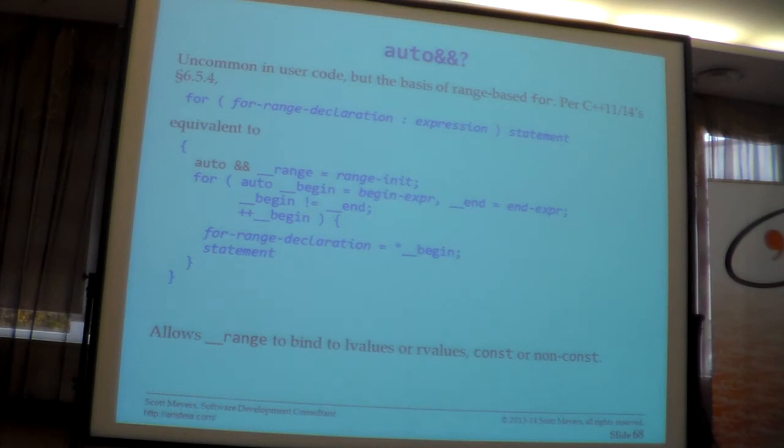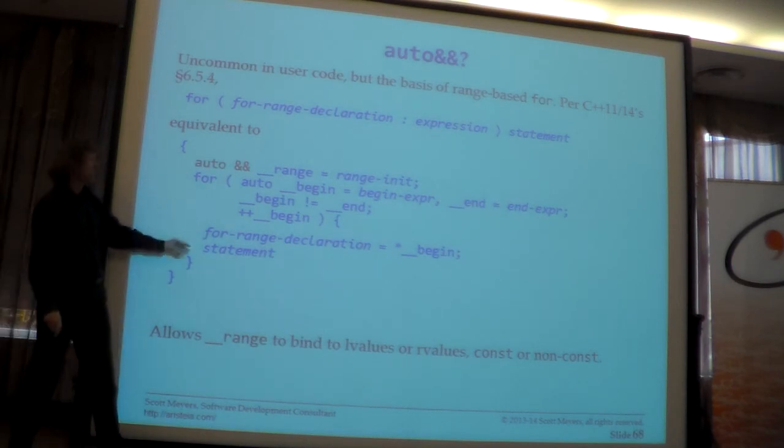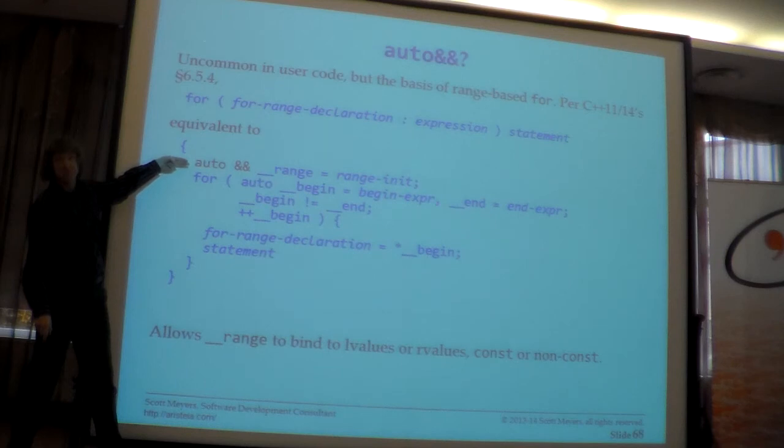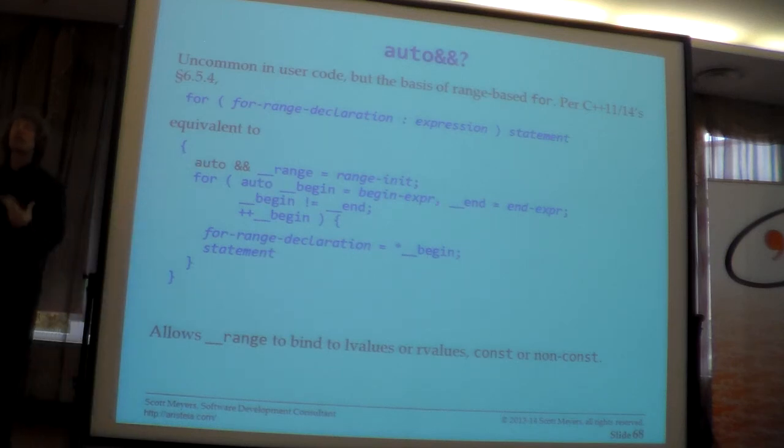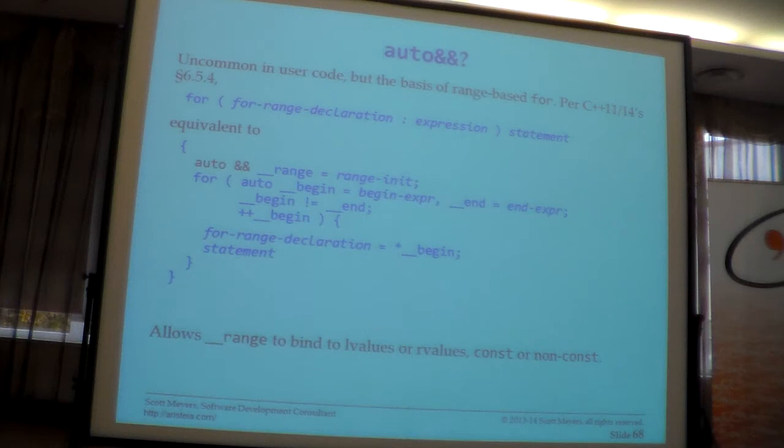It is hazardous. But a range-based for loop is defined, this is part of the definition, but notice the auto&&. Again, in user code, the most likely situation for using auto&& is going to be in C++14 lambdas, which contain auto&& parameters.